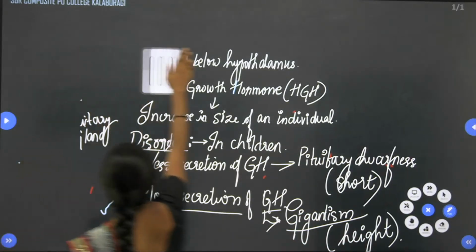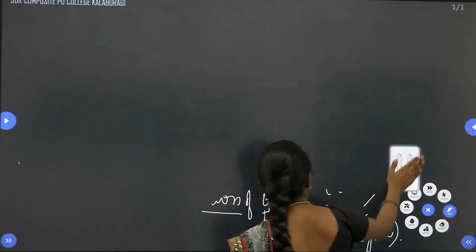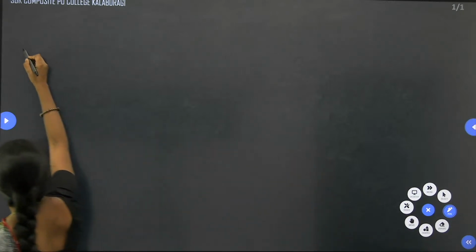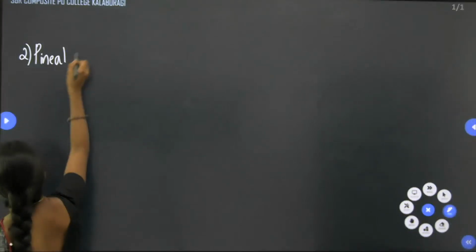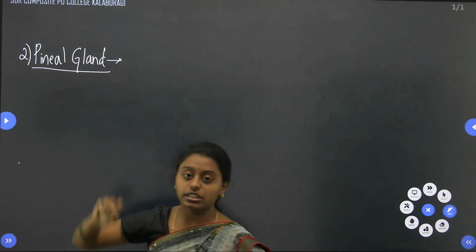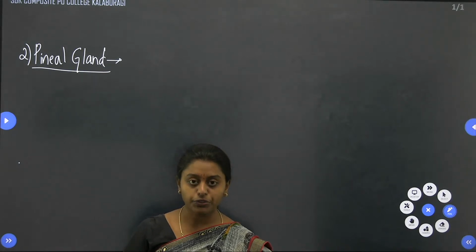Next gland is the pineal gland. Pineal gland is generally termed as the third eye, present at the dorsal part of the forebrain.